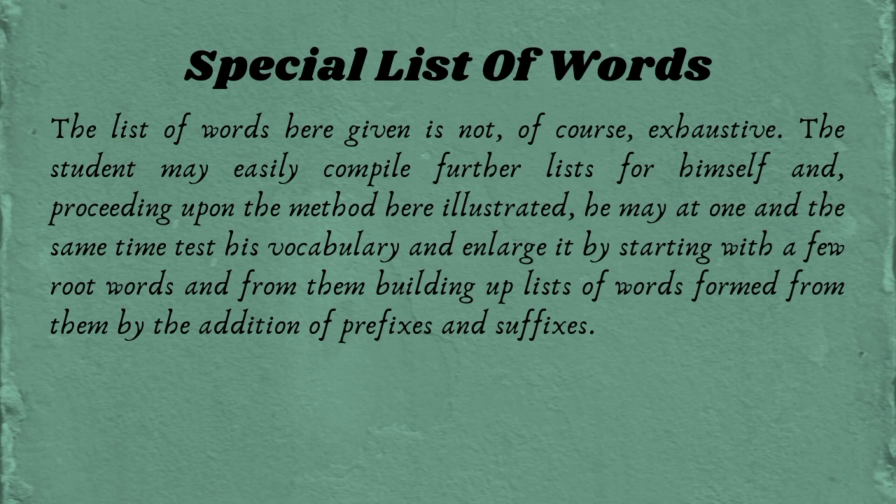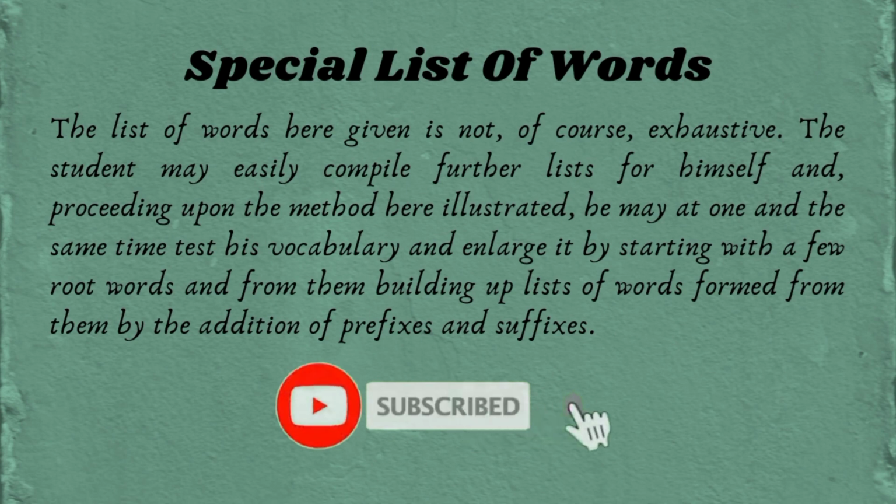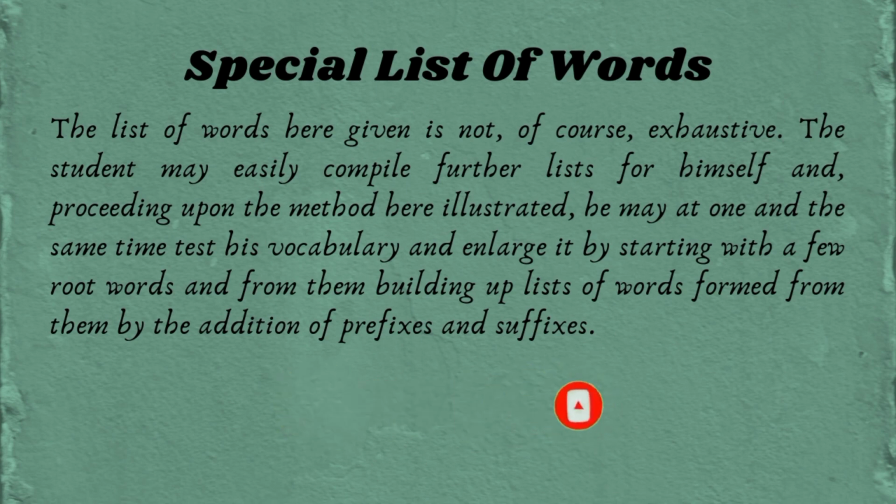The student may easily compile further lists for himself, and proceeding upon the method here illustrated, he may at one and the same time test his vocabulary and enlarge it by starting with a few root words and from them building up lists of words formed from them by the addition of prefixes and suffixes.